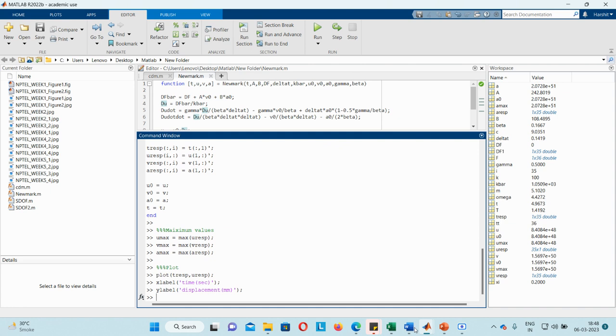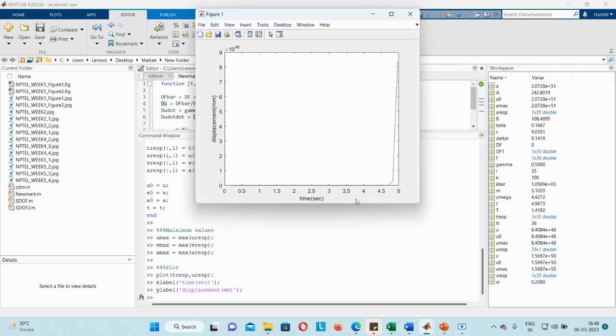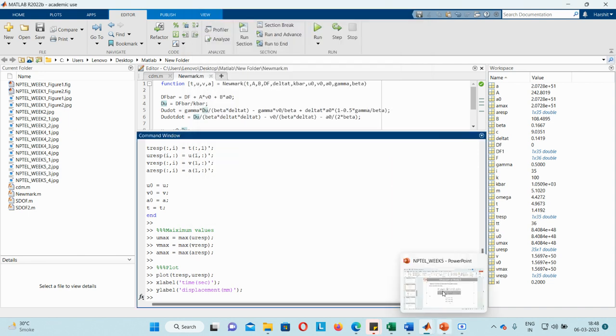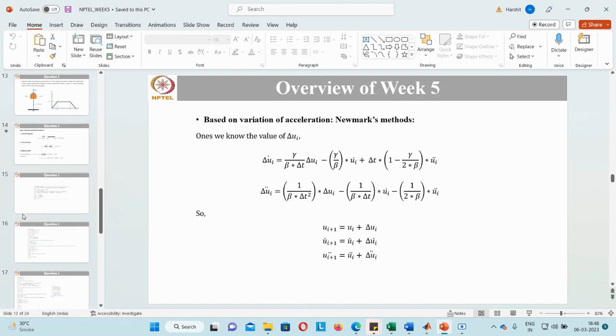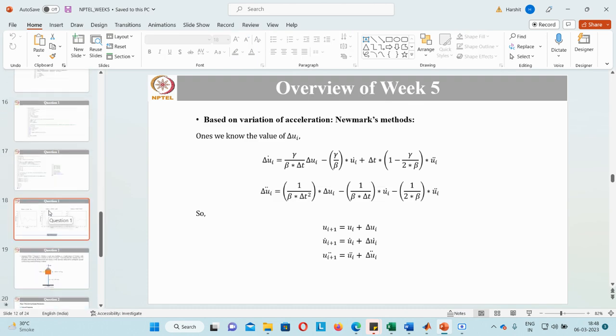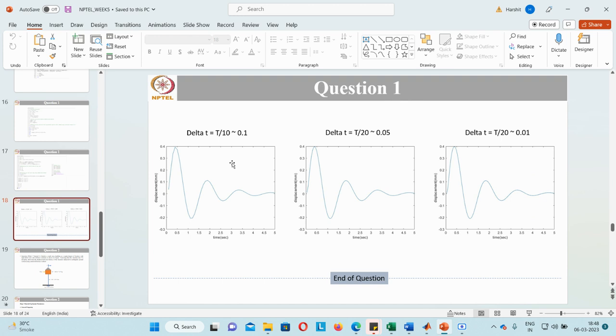Okay, so let's see the plot now. So you can see somewhere around we have miscalculated the displacement, but I can show you how the response should have looked like. So this is how the response will be.